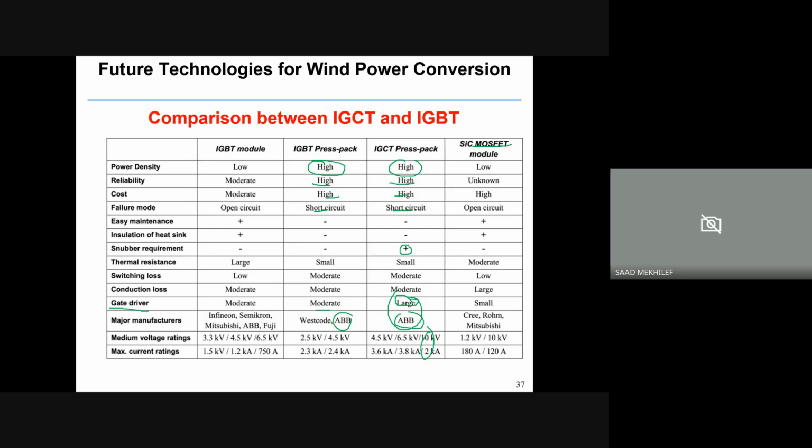So we find both of them in industry. Both of them are used. Most of the power electronics in wind turbines more recently is IGBT based, rather than IGCTs.